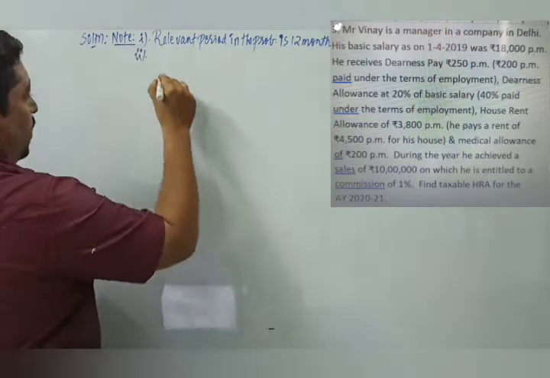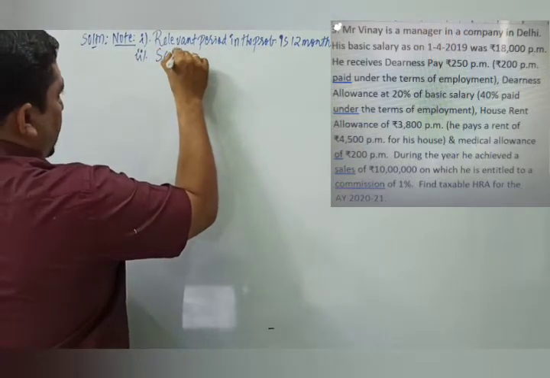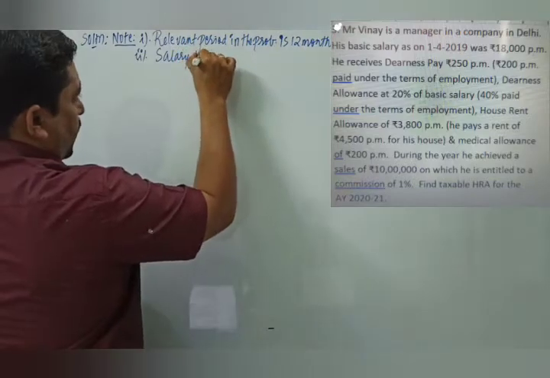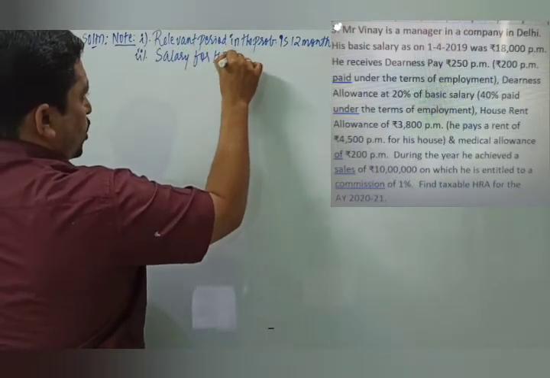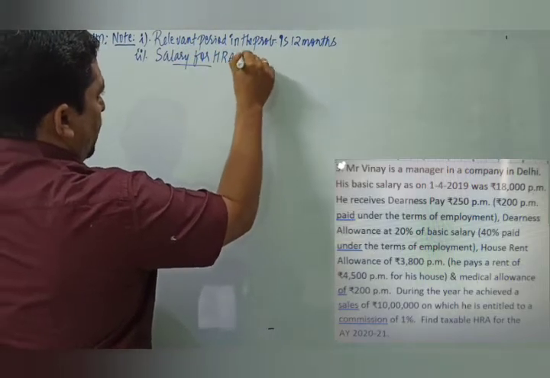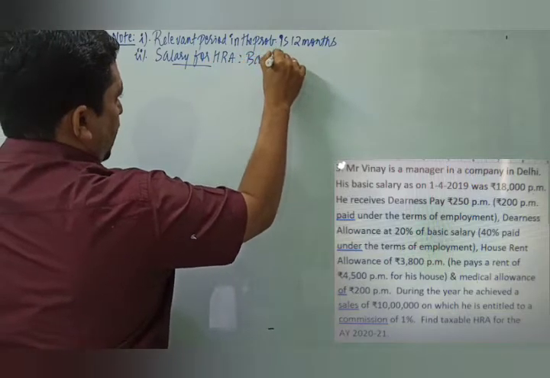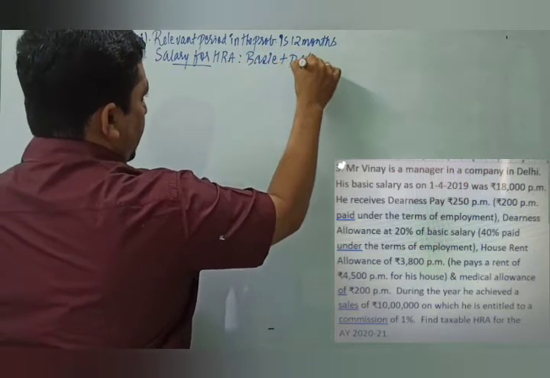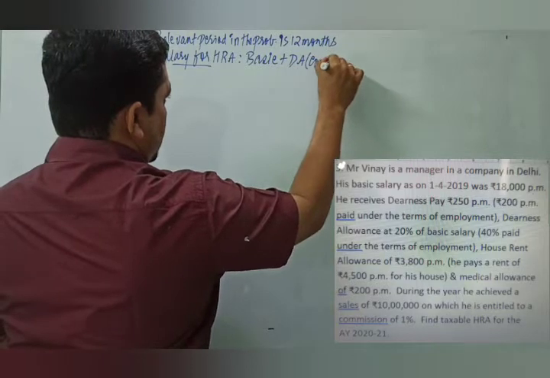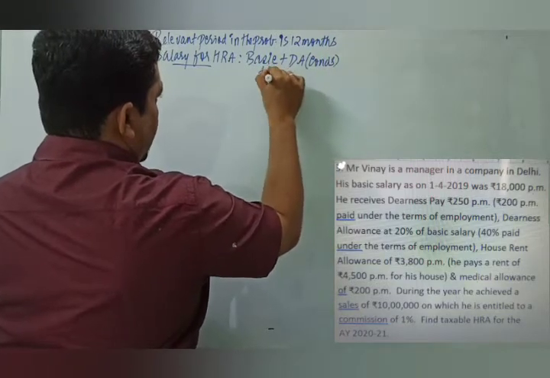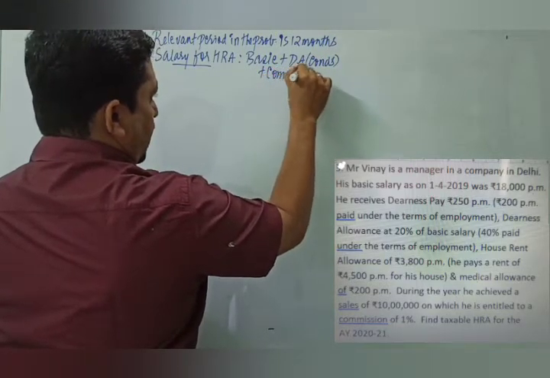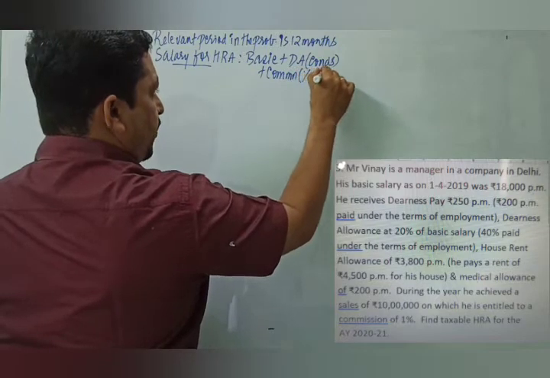Second, what is his salary for HRA? Salary for HRA would include basic plus DA, that is with conditions, plus commission as a percentage of turnover.